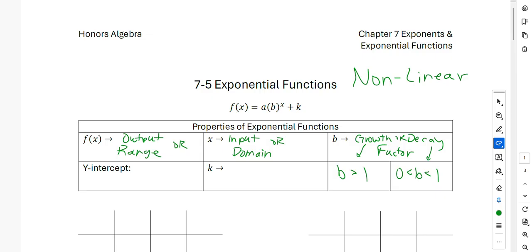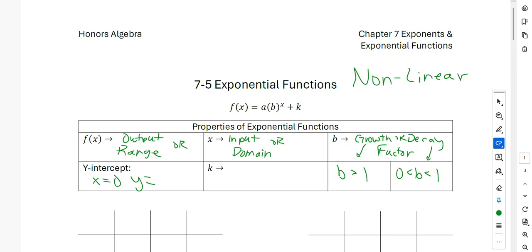Now let's talk about the y-intercept. For any function, what is the value of x at the y-intercept? 0. So when x is 0, y is going to equal a particular expression. Let's think about this as we look at this function.